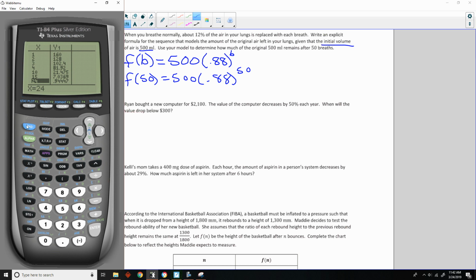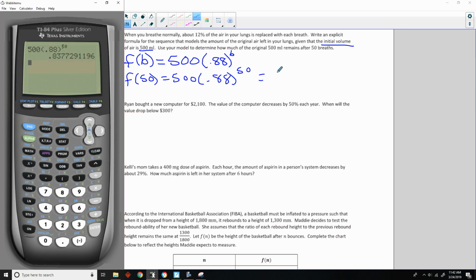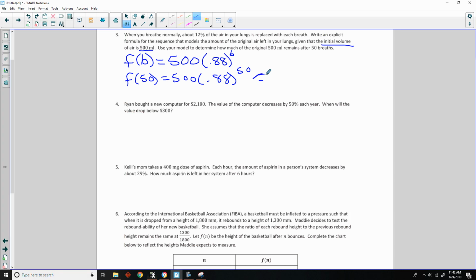So if I go to my calculator and go 500 parentheses 0.88 to the power of 50 and hit enter, I get 0.8377. So approximately 0.84 milliliters.